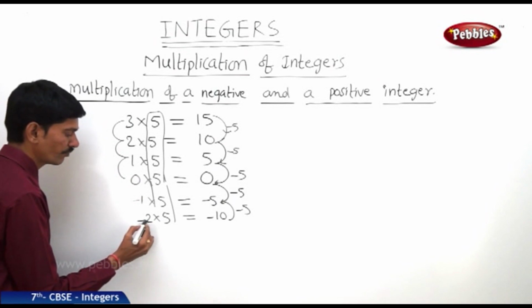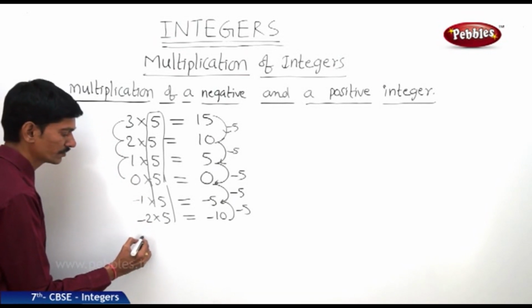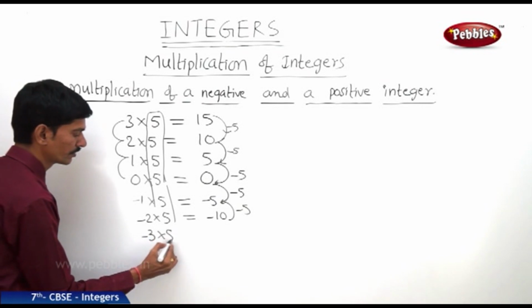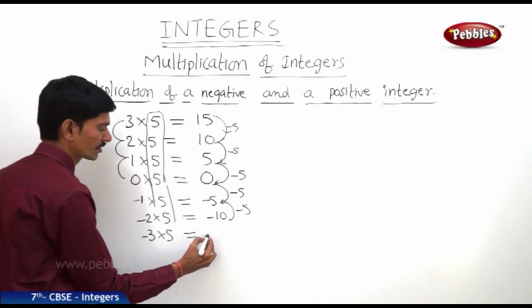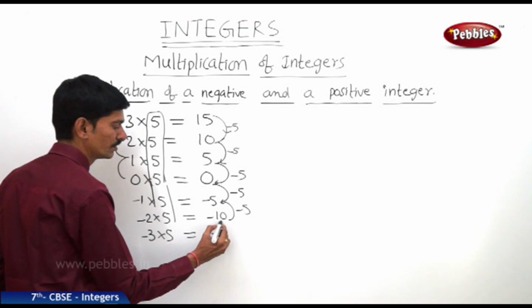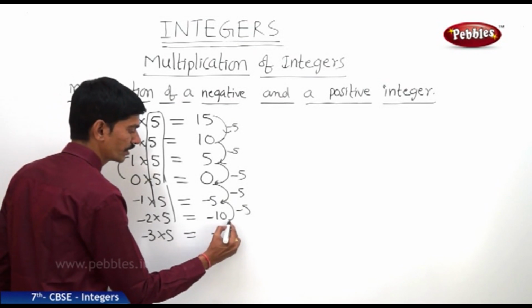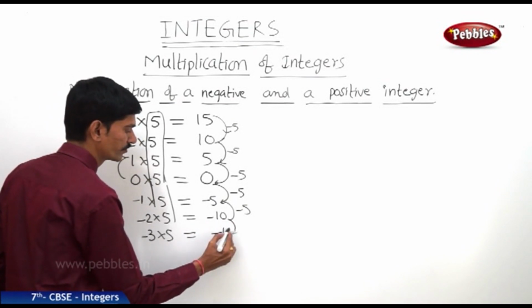Again if minus 2 is decreased by 1 we get minus 3 into 5, so this equals, again minus 10 is decreased by 5, so minus 10 minus 5 is minus 15.